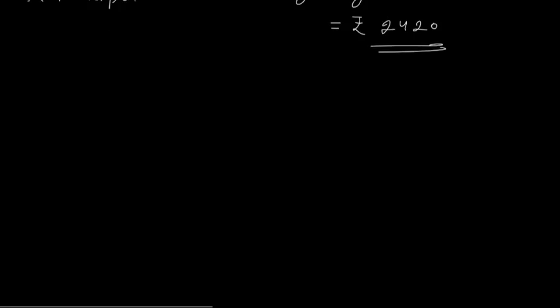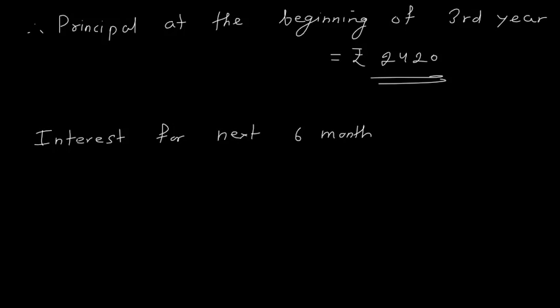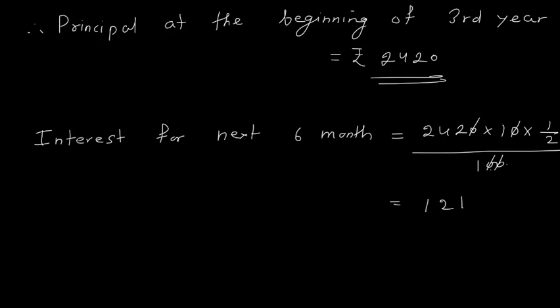So I will say interest for next 6 months is 2420, this is principal, rate of interest is 10, and for 6 months number of year is half, divided by 100. So this 0 and this 0 I will cancel, and here I will get 2 1s are 2, 2 2s are 4, 2 1s are 2.